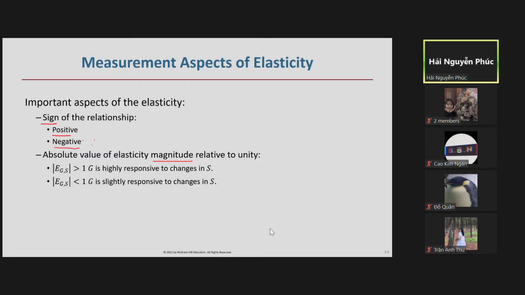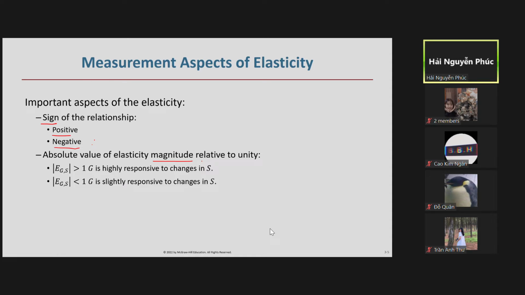The law of supply says that if the price goes up, then the quantity supplied will increase. So we expect that the price elasticity of supply is positive. Understand?